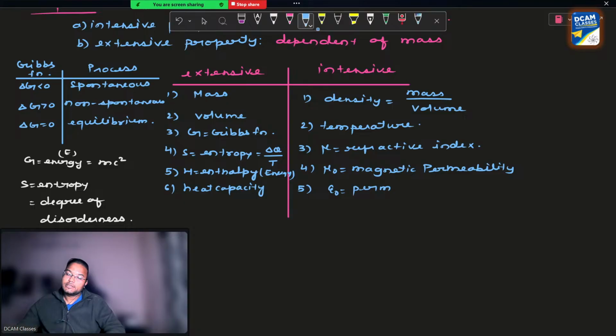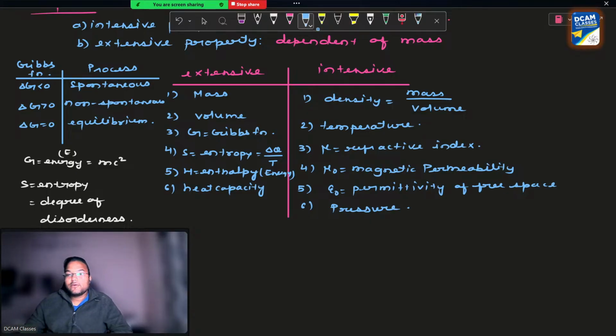Permittivity, this you will learn in electrostatics. Charges. Next is pressure. These all things are intensive, meaning independent of mass.